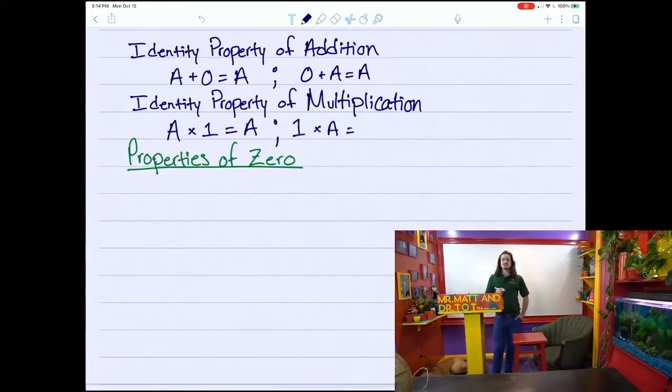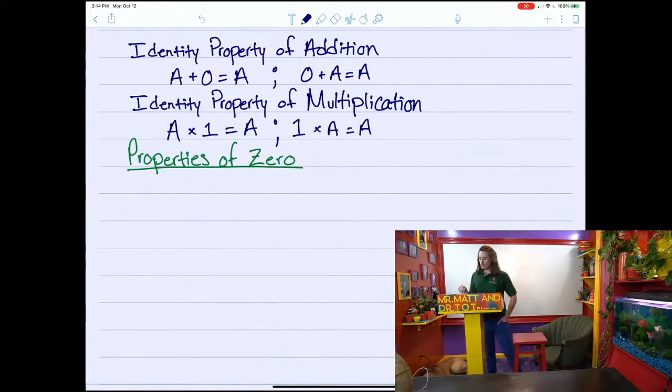So you can see 0 and 1 have important applications to addition and multiplication respectively. Any number plus 0 is going to be that same number. It doesn't change. Any number times 1 is going to be that same number. It doesn't change either.